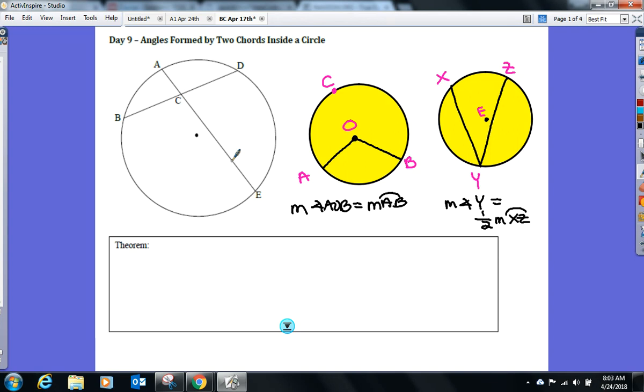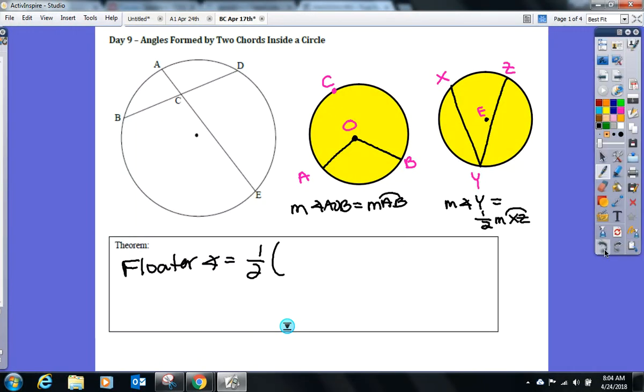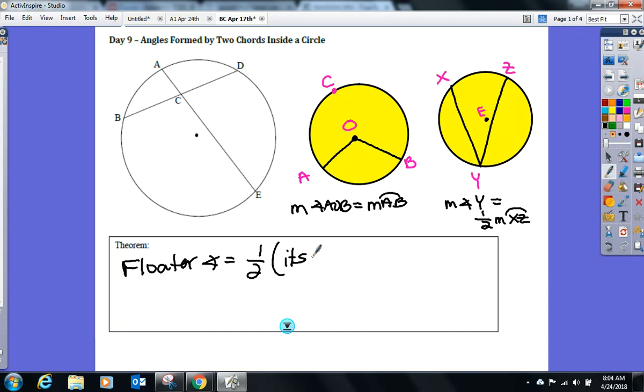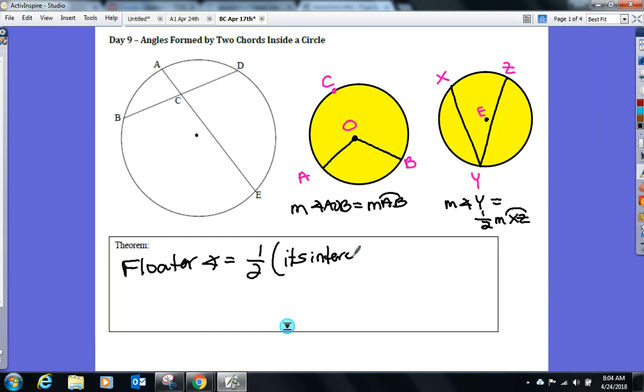All right. How do I find a floater angle? It's going to be half of 2 arcs added together. The first arc is going to be its intercepted arc. And here's what I mean.